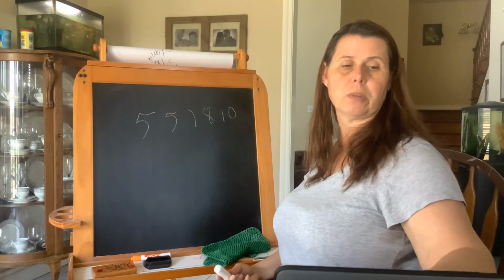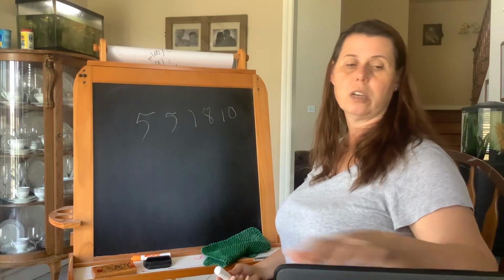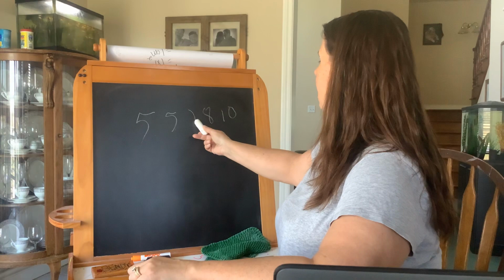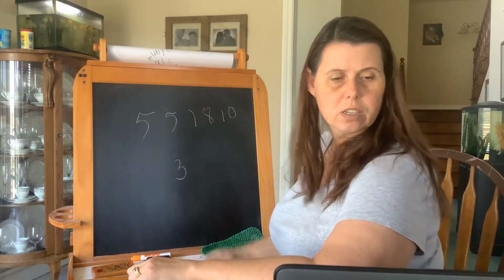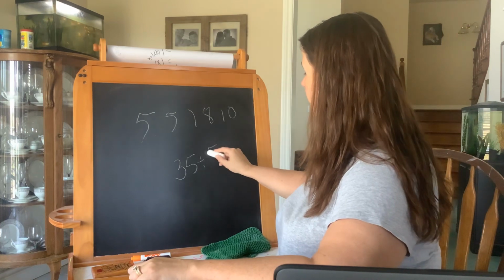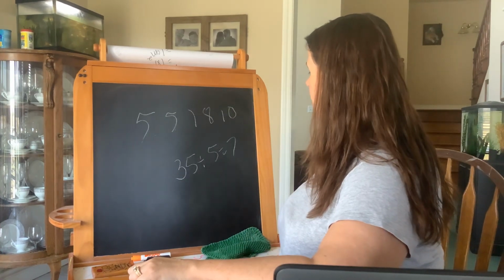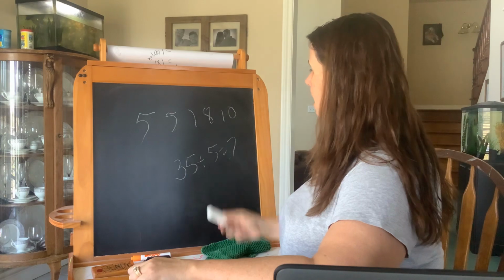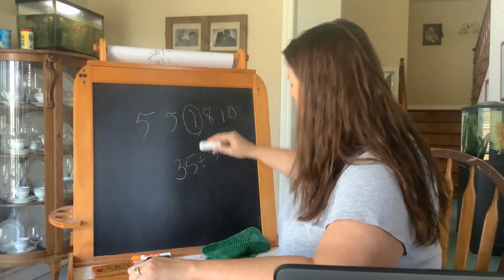Use the bead or block method. Okay, so 5 and 5 is 10, 25, 35. 35 divided by 5 is 7, okay? So our mean is 7. Our median is also 7.